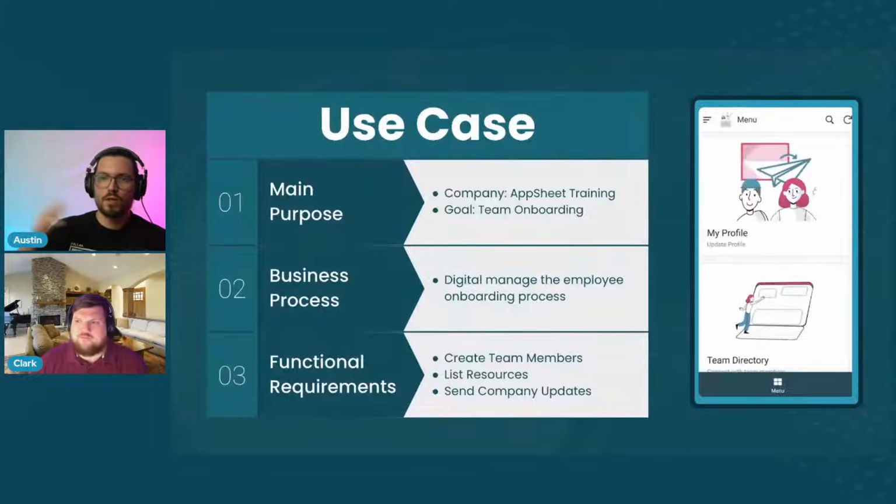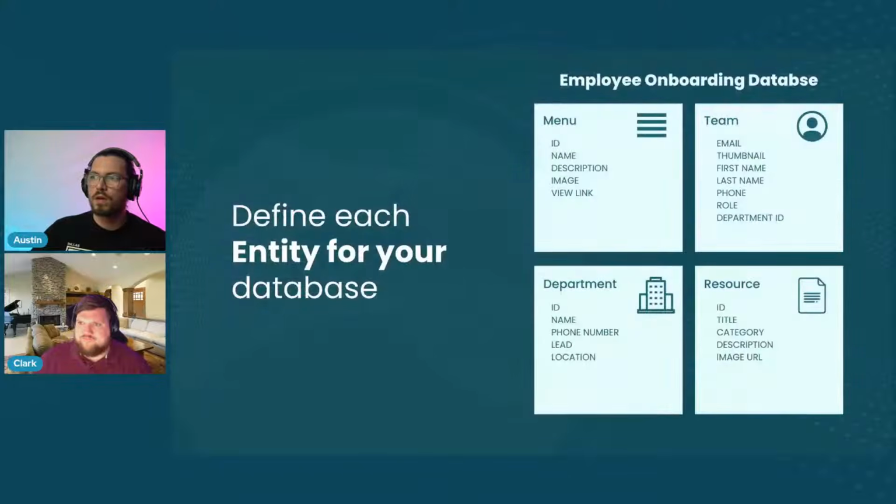All right. So just to review our use case, the main purpose is we're trying to build a team onboarding app for our company, AppSheet Training. The business process is to digitally manage this onboarding process. So we want to make sure team members can sign up, they have resources to look through, and we can send company updates. Okay, so our database is shown here.